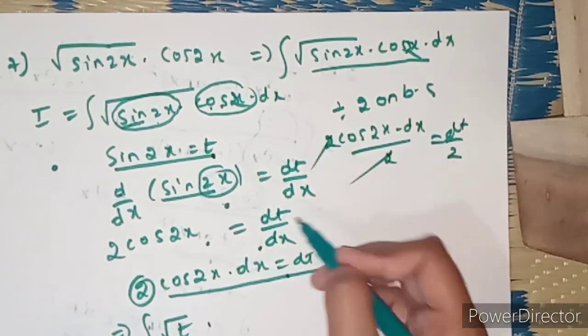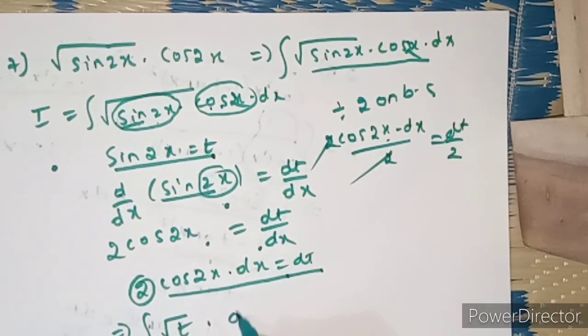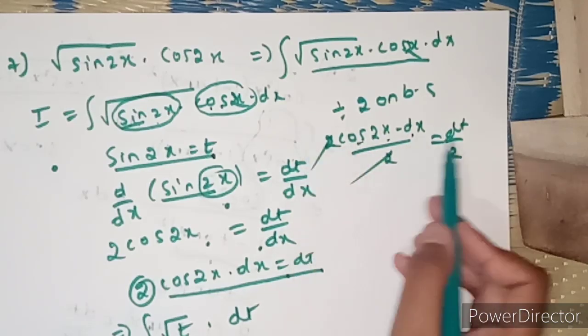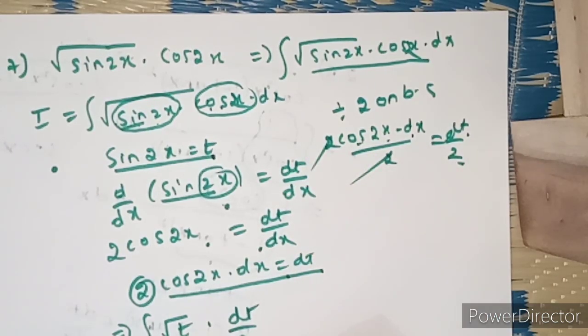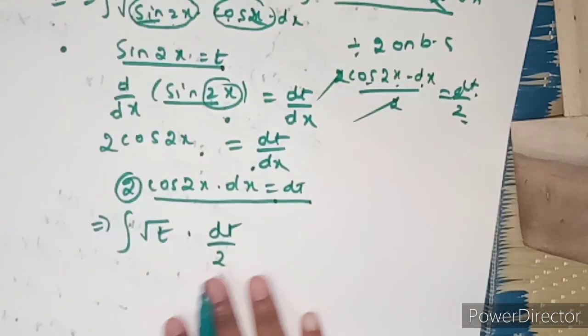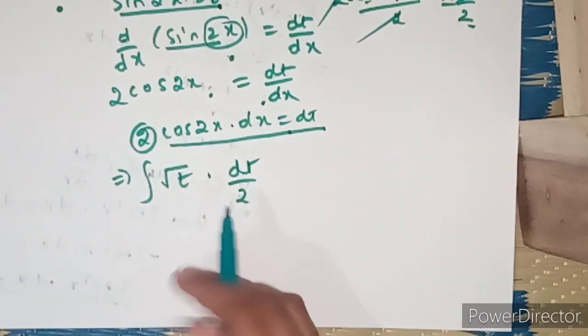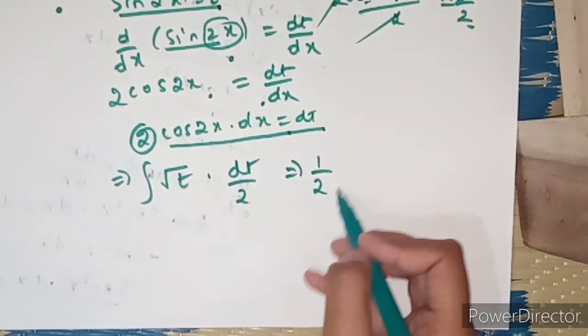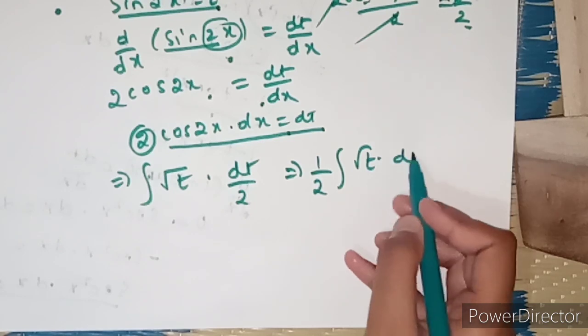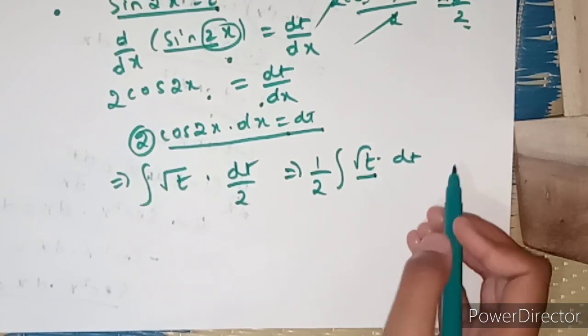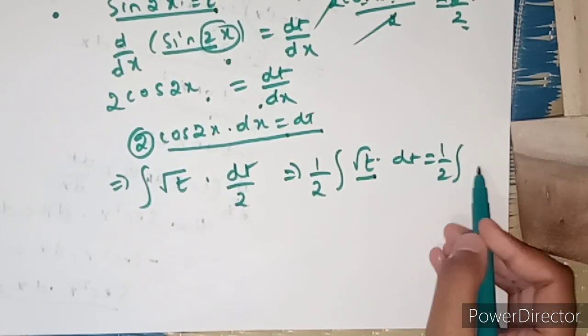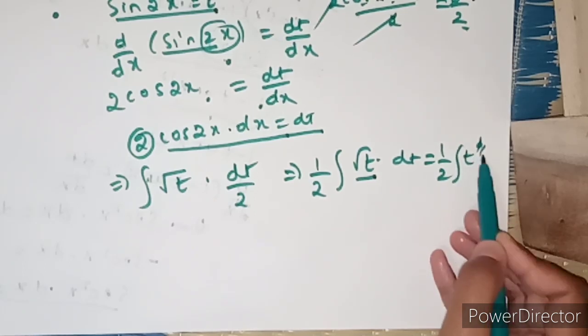So substitute cos 2x into dx as dt upon 2. Now take this 1 upon 2 outside since it is constant: 1 upon 2 root t dt. This root t can be written as t power 1 by 2, t power 1 by 2 into dt.